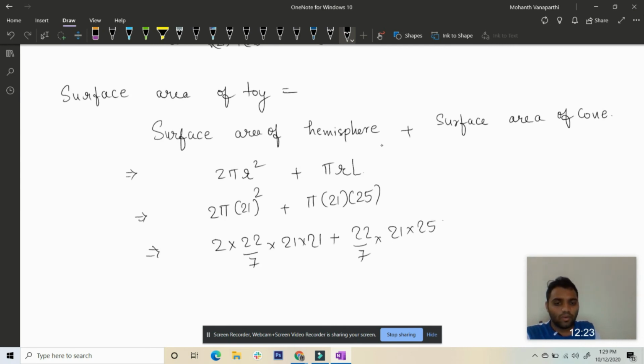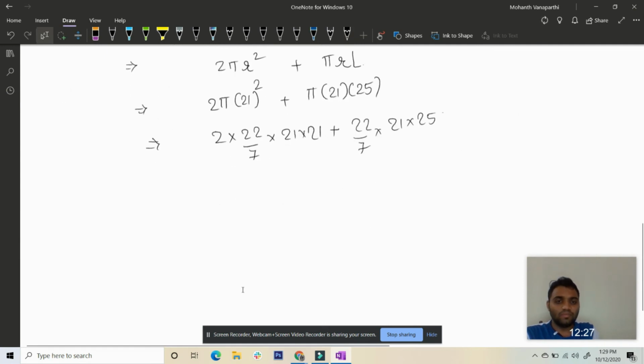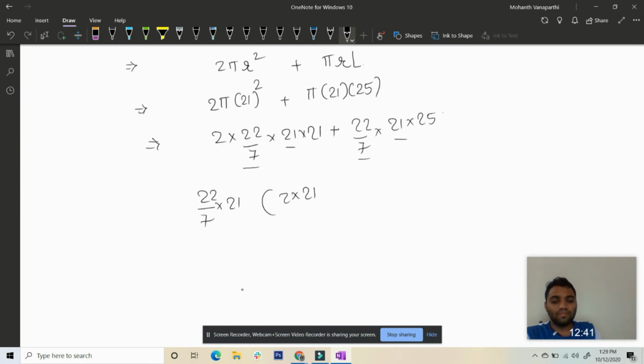I can take 22 by 7 as common, and also we have 21 common in both expressions. So I can take 22 by 7 into 21 as common. I will get 2 into 21 plus 35.